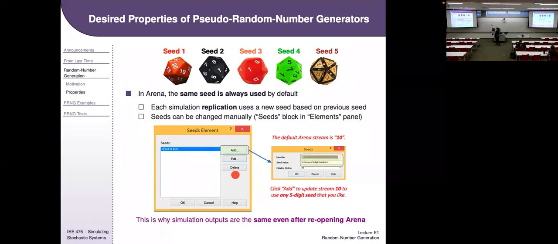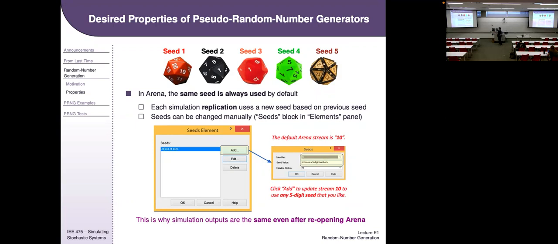The default random number seed is 10. So if you add a seed here named 10, you can actually change its seed value to any 5-digit number, and that will automatically force your simulation to use that for all of your random number draws by default.